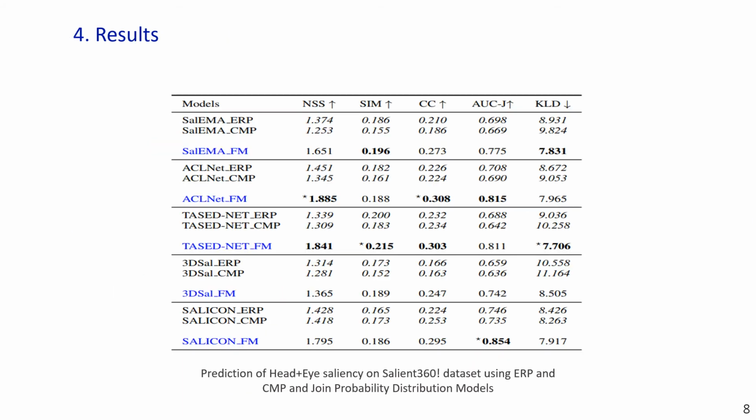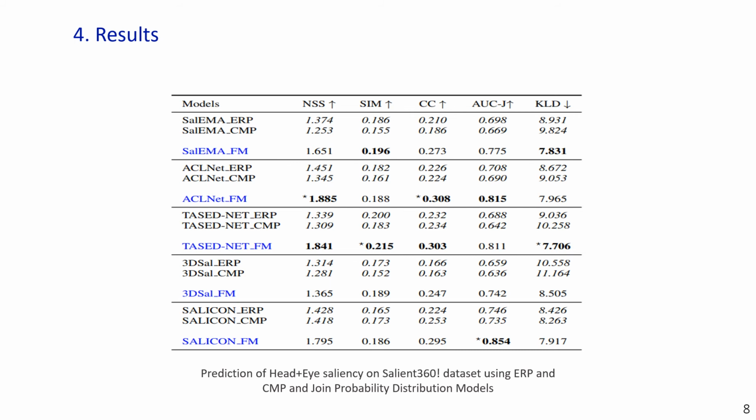The framework is built on top of 5 different 2D state-of-the-art saliency models: ACLNet, Salima, TZNet, 3D SAL, and Salicon, to address the saliency prediction in equirectangular video, but any other saliency model could be used. The models leverage different properties for feature computation.